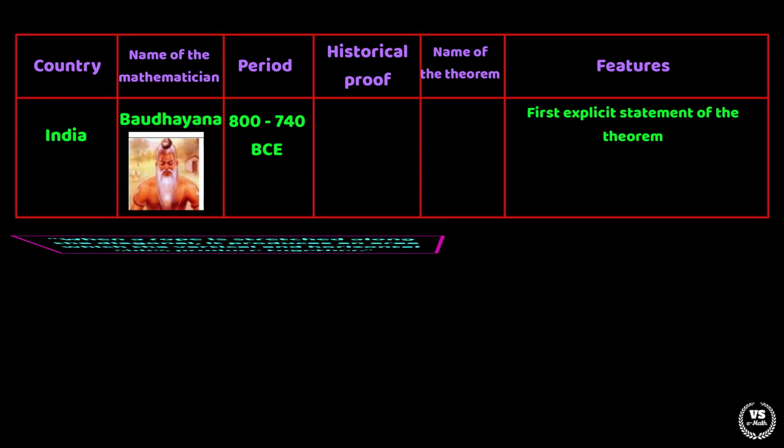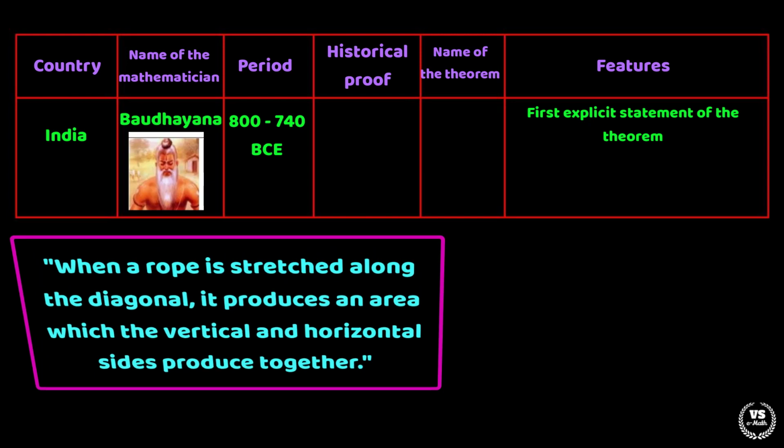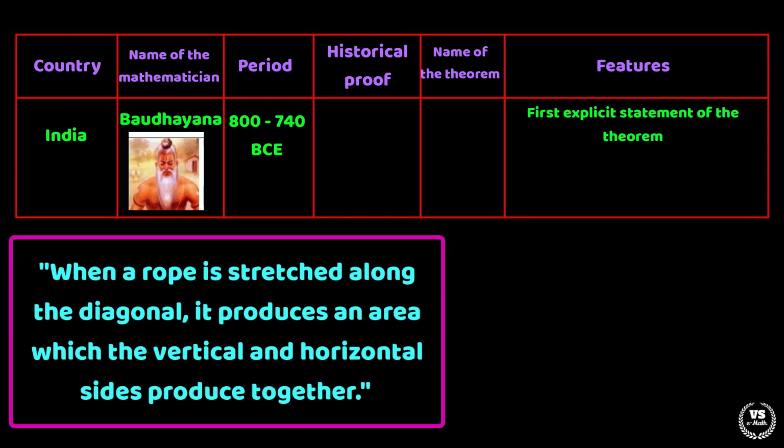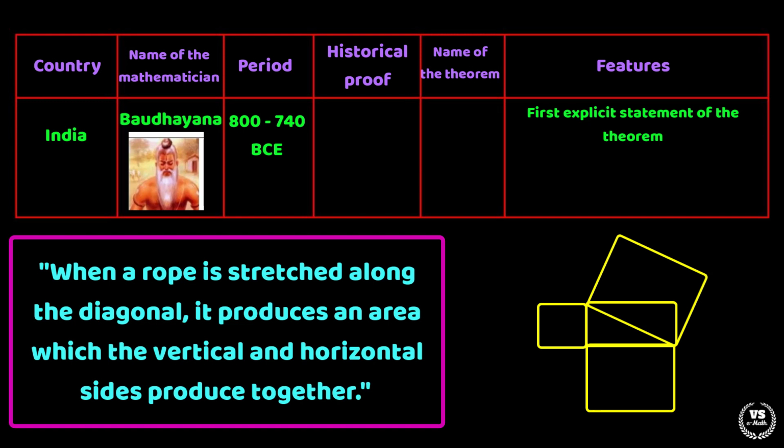He said that when a rope is stretched along the diagonal, it produces an area which the vertical and horizontal sides produce together. Baudhayana was a priest and an architect of very high standards. He skilled himself in the practical use of mathematics. This theorem is found in the Sulba Sutras given by him, which are the rules for the construction of altars.